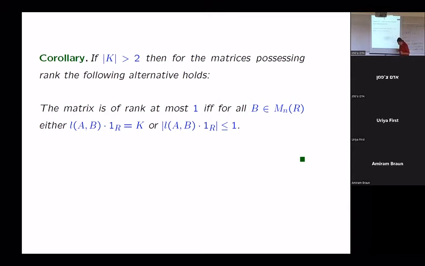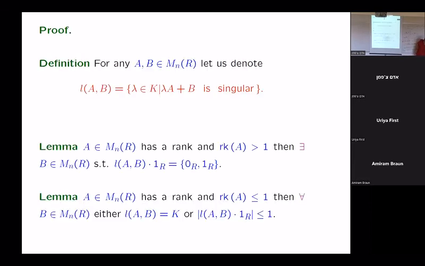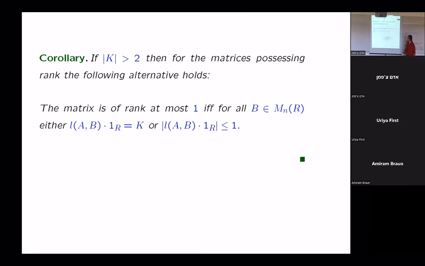My matrix is of rank at most 1 if for any matrix B, this set of scalars is either the whole ground field, ground commutative ring K, or it has the following restriction on cardinality.